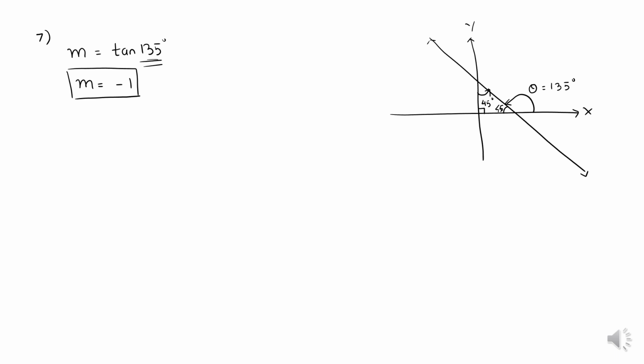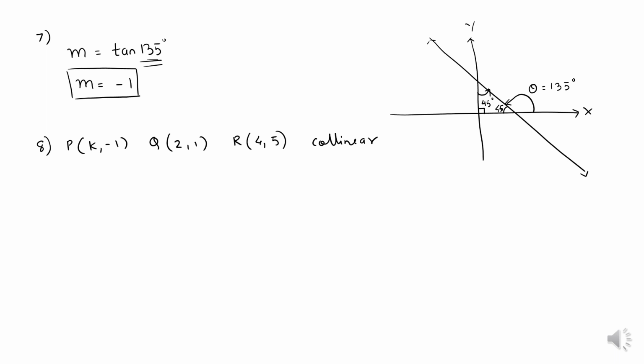Okay. Now question number 8, a very favorite question of the examiner. You have to find K if P (K, -1), Q (2, 1) and R (4, 5) are collinear. Now they have given that points P, Q, R are collinear. Now there are two methods.